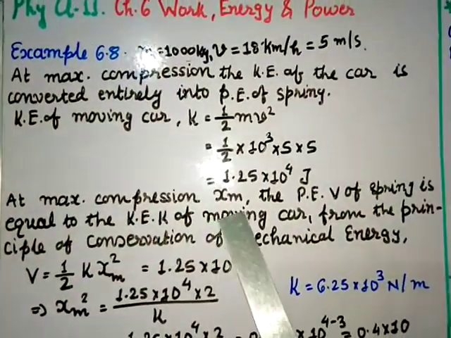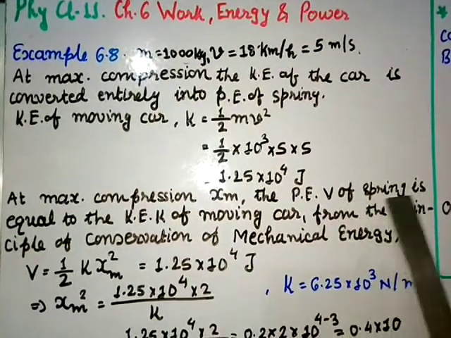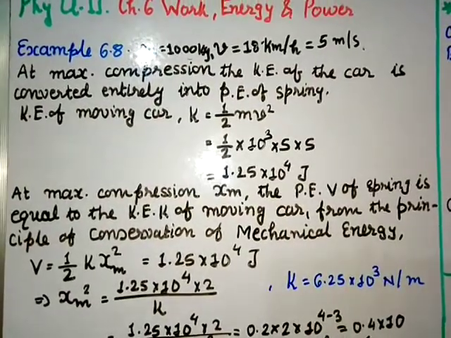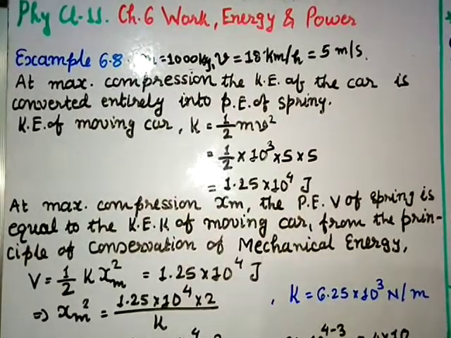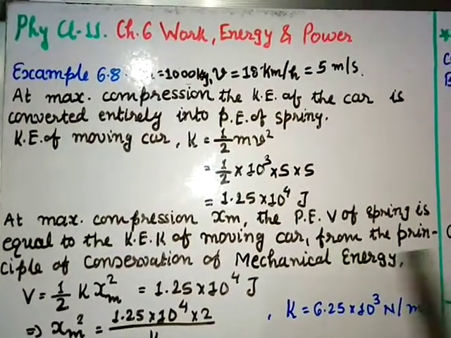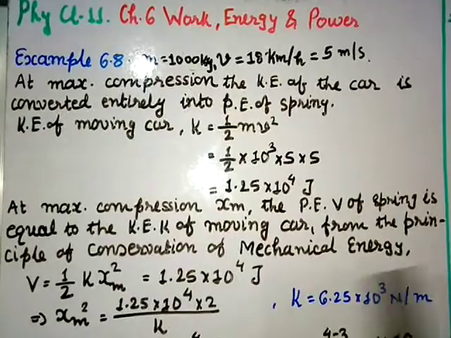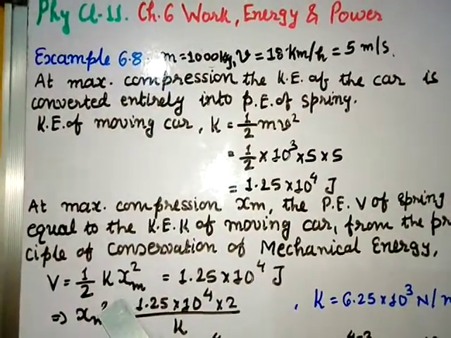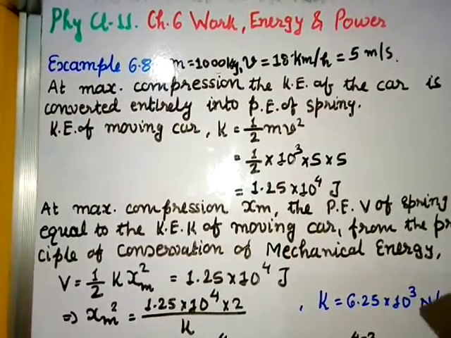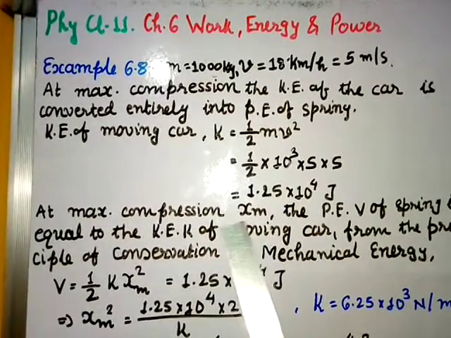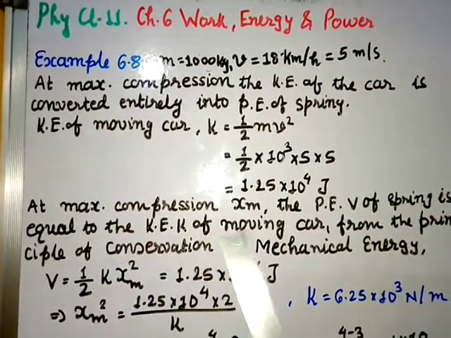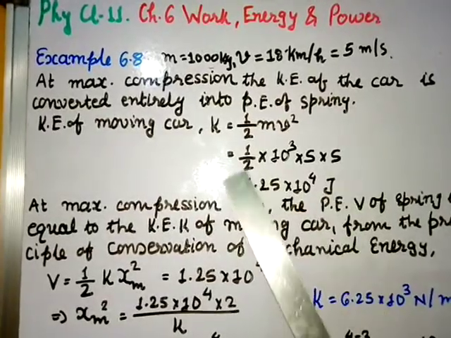At maximum compression, which I am calling Xm, the potential energy V of the spring is equal to the kinetic energy K of the moving car. Therefore, from the principle of conservation of mechanical energy, V equals 1/2 K Xm².